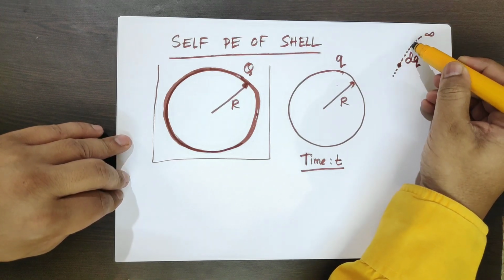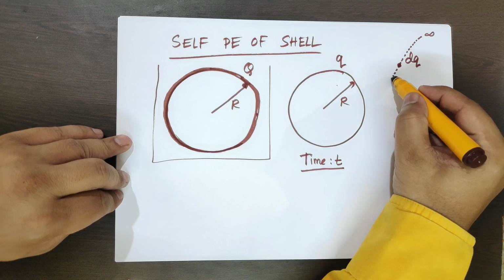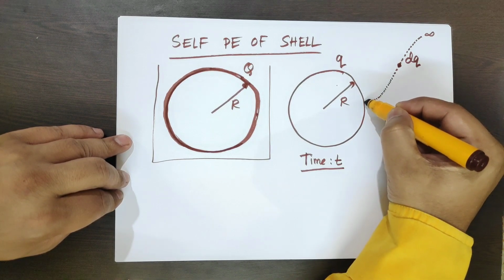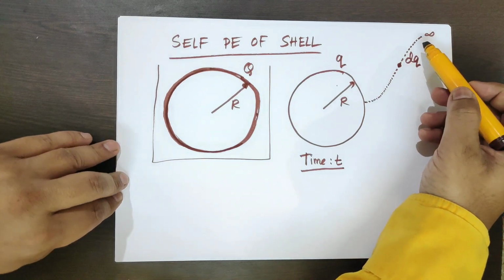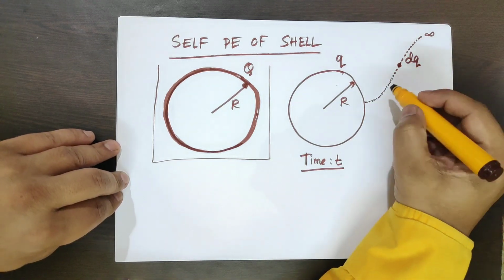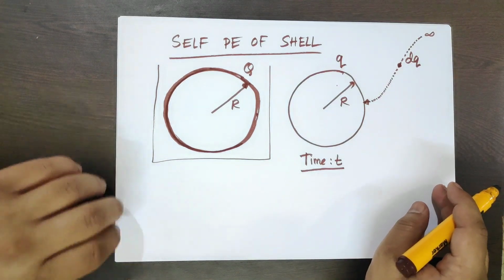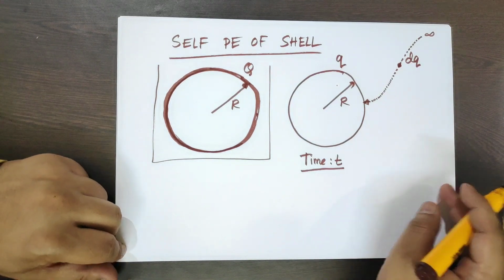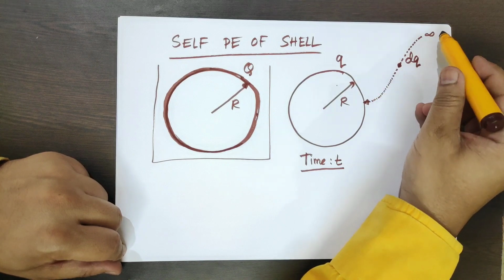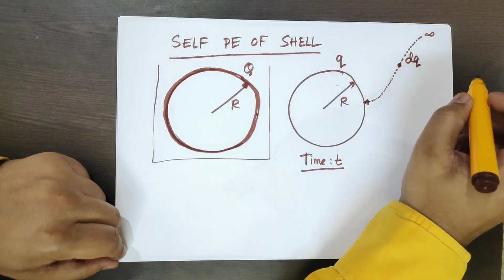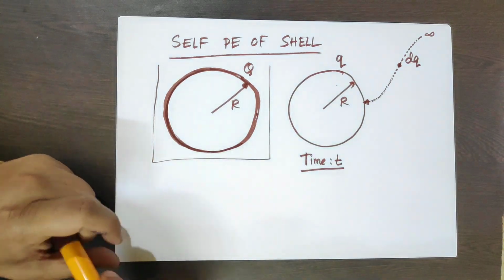So, some external agent, you are working hard, you carry this dq from large distance and gradually move to the surface of the shell and keep it, and then again you move to infinity and bring this dq again and again. So, it goes on. Okay.